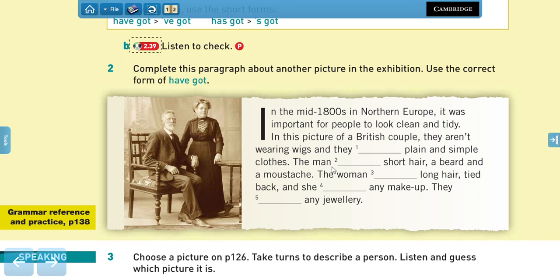The man has got short hair, a beard, and a mustache. The woman has got long hair, tied back, and she hasn't got any makeup. They haven't got any jewelry. When we use the expression any, we know that we are talking about a negative sentence.